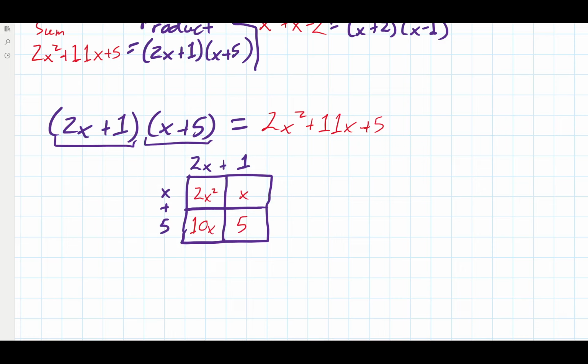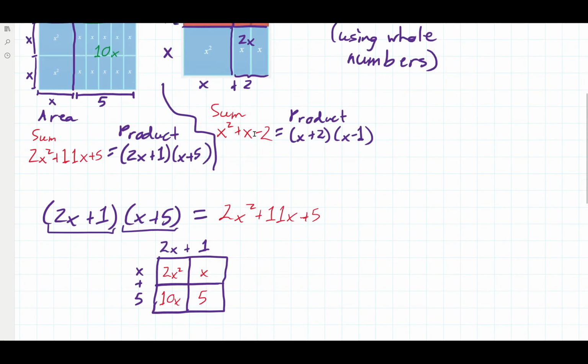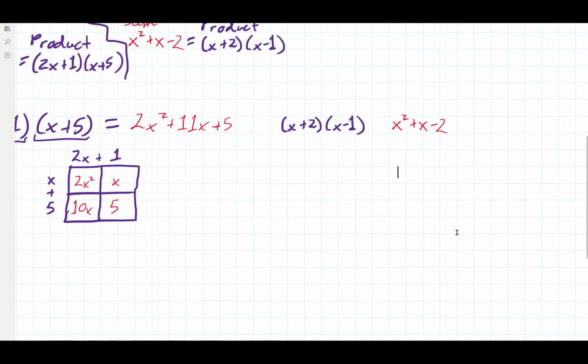Okay? Let's do it again with this second example over here. I'm just going to copy this and put it over here, and we're going to do the same thing. So I have, again, draw my rectangle. x plus 2, x plus negative 1.